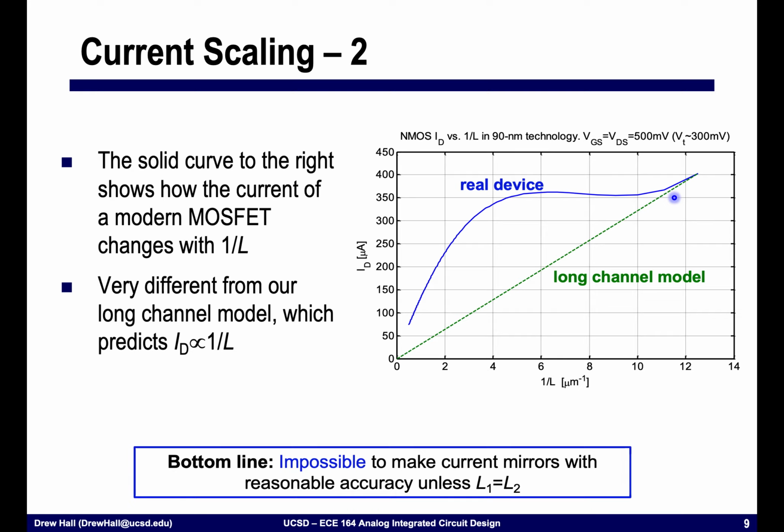Actual devices have a lot of short channel effects that depend on the length, and this is a pretty nonlinear relationship between the length and the output current. And so what this says is that we really cannot use the length effectively in order to scale these currents. And so if I want these currents to match, my best strategy is to use L1 equal to L2. And so this strips away one of our potential degrees of freedom.